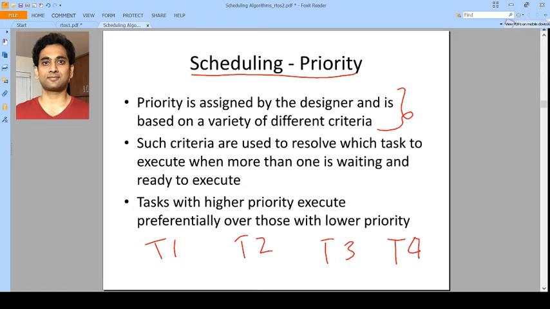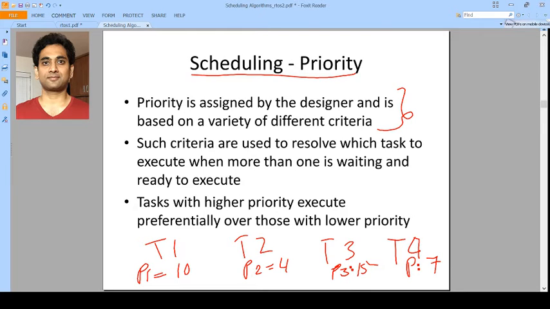And then there is a property associated with task T1: its priority is high, or 10. The priority of task 2 is 4. Let's say the priority of task 3 is 15 and the priority of task 4 is 7.